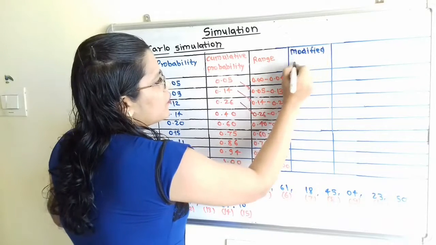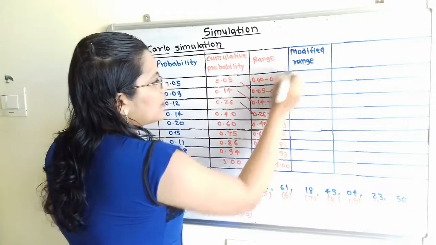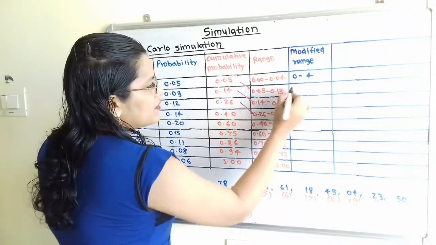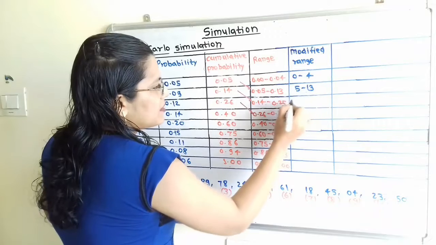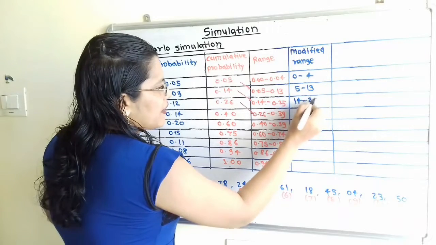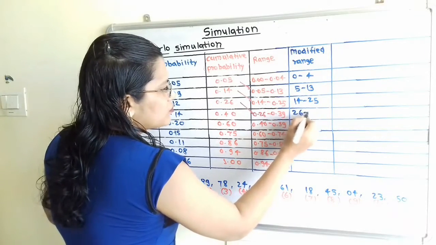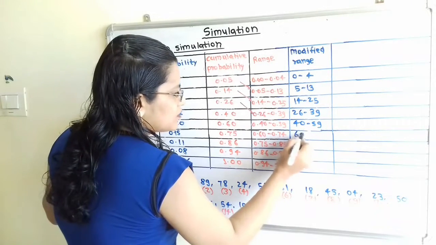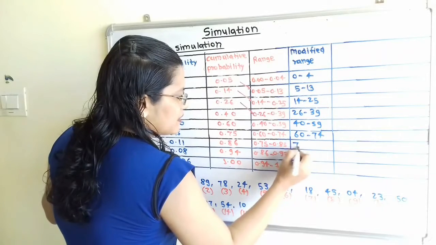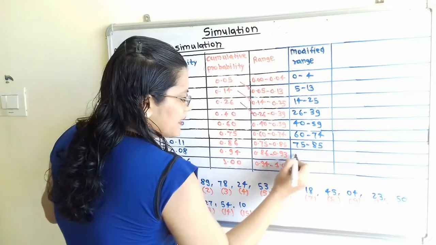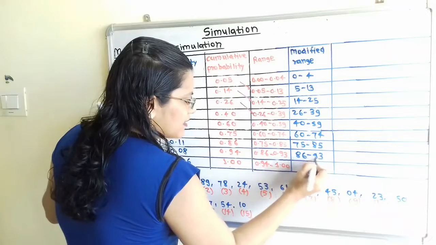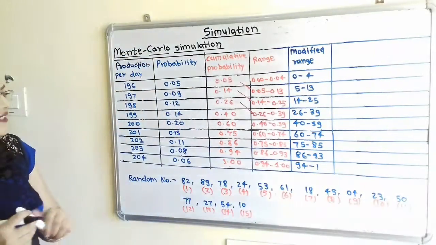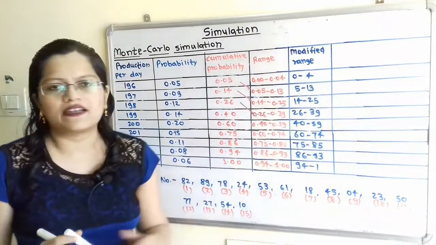If I multiply by 100, then 0 to 4, then 5 to 13, then 14 to 25, then 26 to 39, then 40 to 59, then 60 to 74, then 75 to 85, 86 to 93, and then 94 to 100. So this is the modified range. Now it is easy to fit the given random numbers.